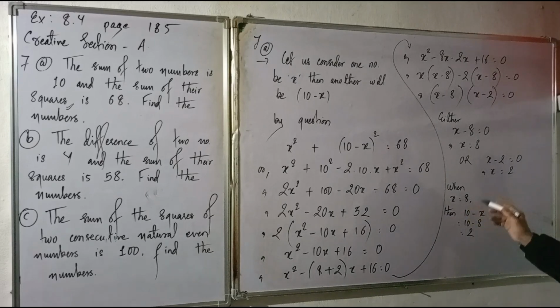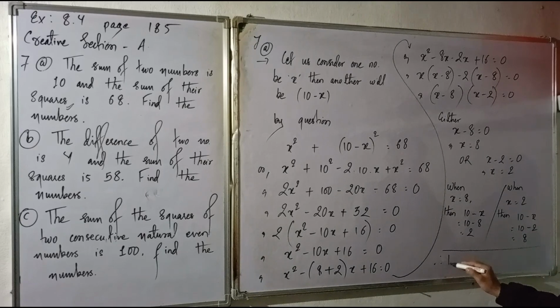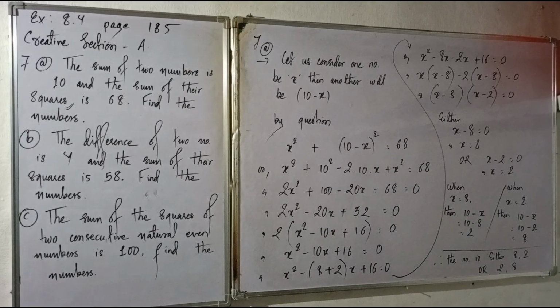When x is 2, the other number will be 10 minus 2, that is 8. Therefore the numbers are either 8 and 2 or 2 and 8. Finished. This is how it is done.